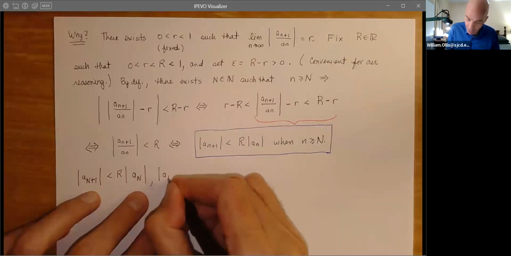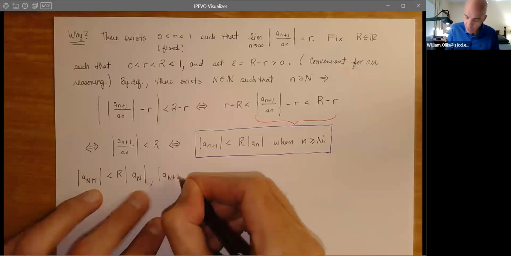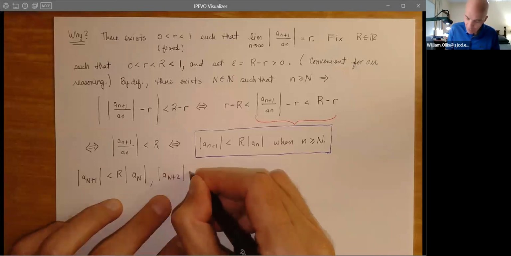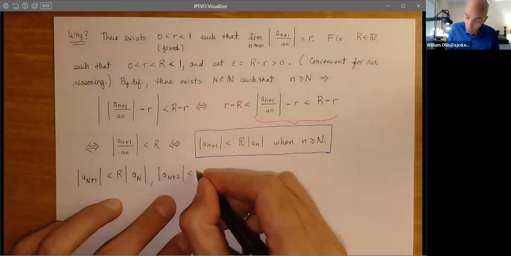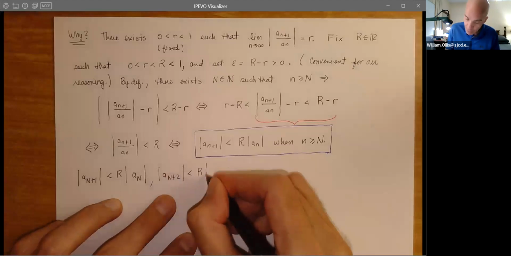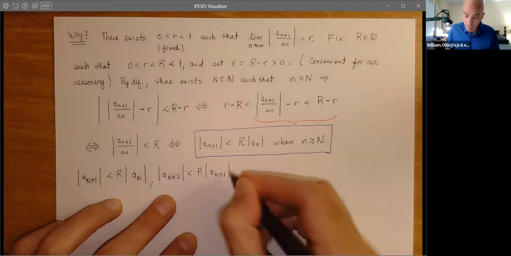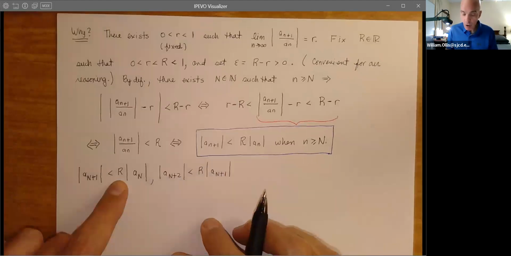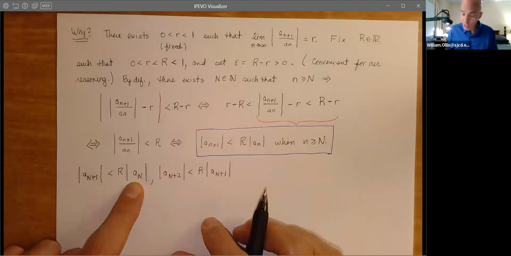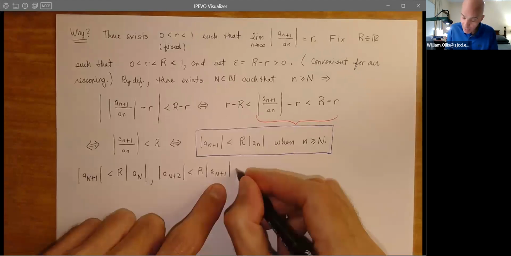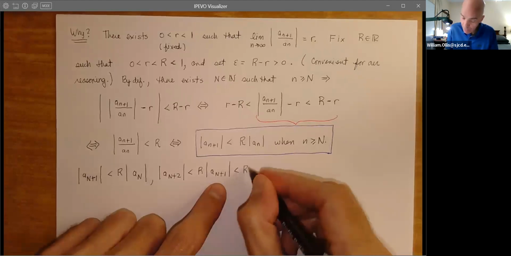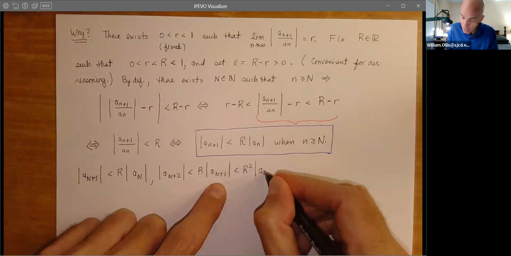A sub n, I'm not going to say, oh, it's obvious, because it's not. This is less than r times the absolute value of a sub n plus 1. But a sub n plus 1 is less than r times the absolute value of a sub n. So we'll replace and say less than r squared times the absolute value of a sub n.